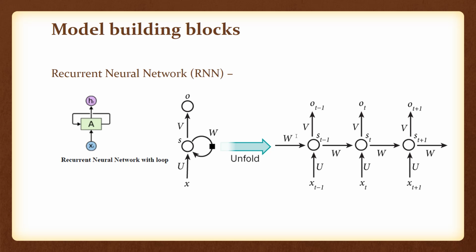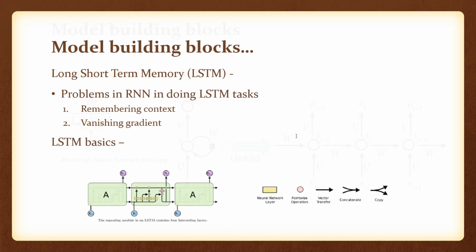At this time step t, we get input from the previous time step, st minus 1, which was generated at time t minus 1. The current time step t generates an output st, which is also fed to the next neural network at time step t plus 1. So we have seen how they are good at capturing the context.